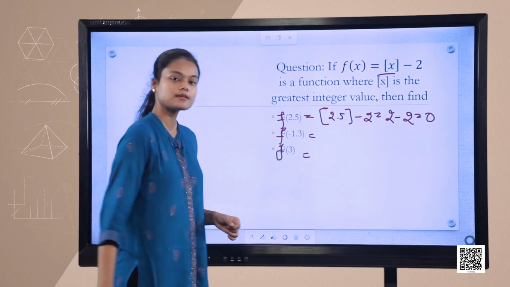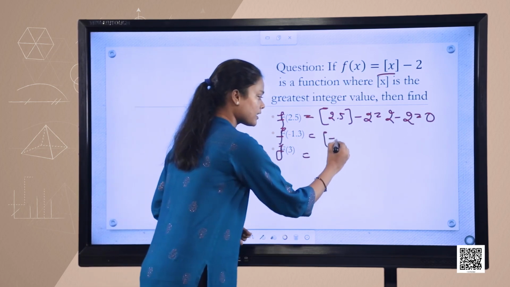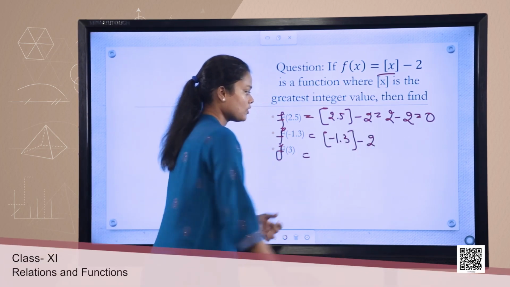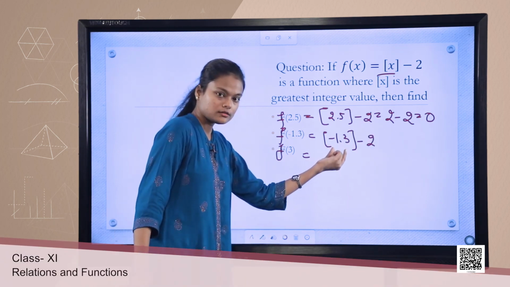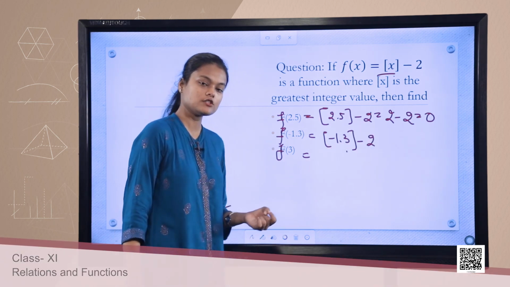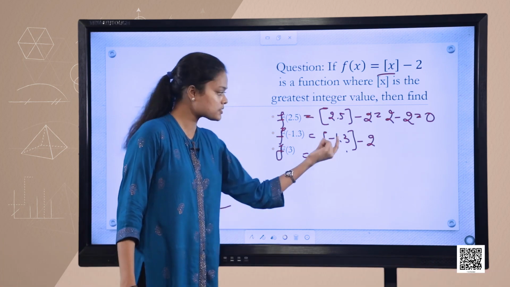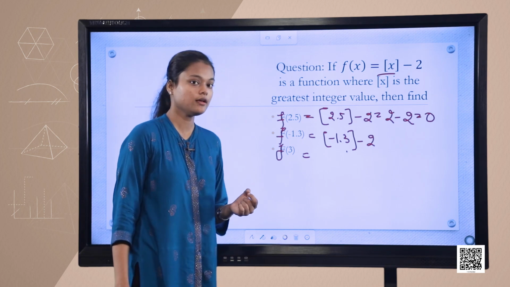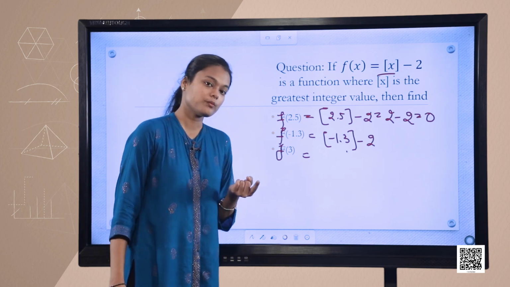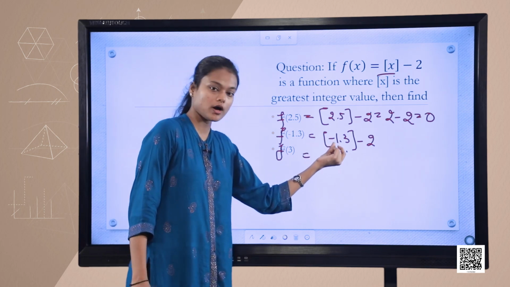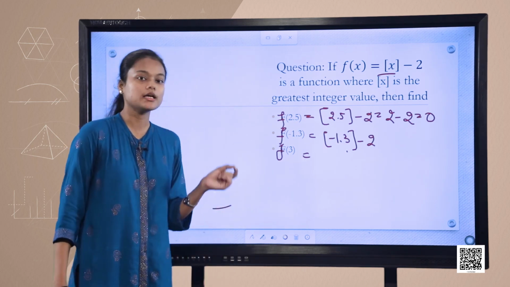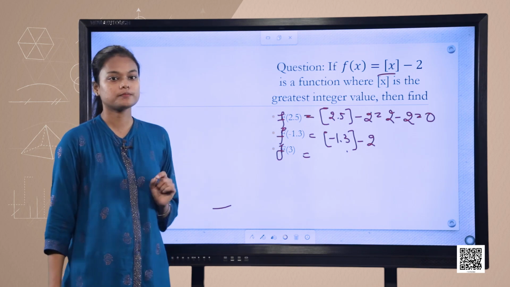Now in this case, -1.3. So what will be the value of this greatest integer? What will be the integer associated with this? It will be -2, because -1.3 is lying in the interval -2 to -1.